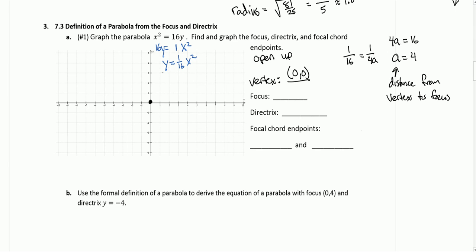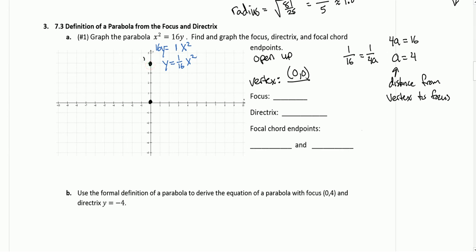First, it's a y equals, and the y-axis goes up or down, and so we know it's either going to open up or down. And second, that 1/16 is positive, so we're opening in the positive y direction. So the focus always goes in the direction of the opening. So it's going to be 4 units above our vertex.